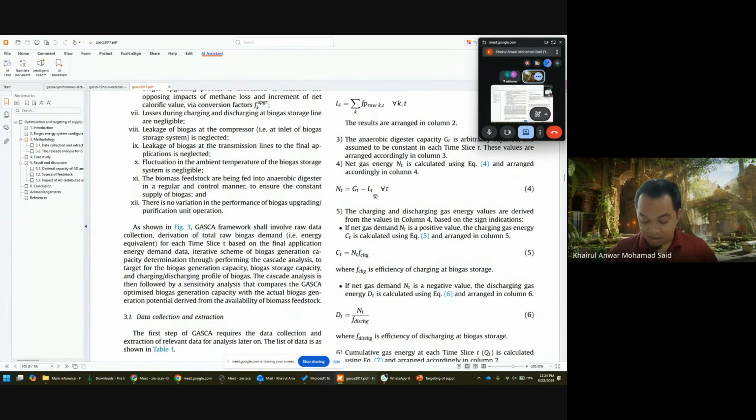We have demand for NGV, natural gas vehicle, cooking gas, then electricity. So each has its own conversion factor.